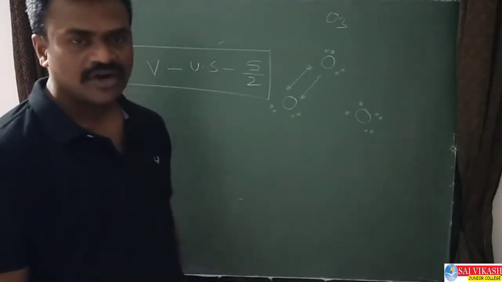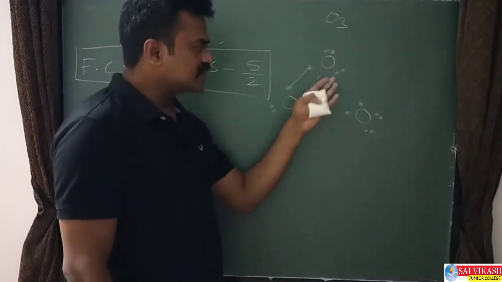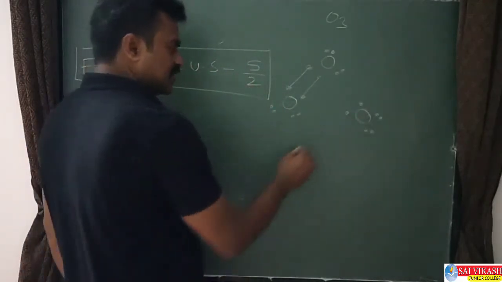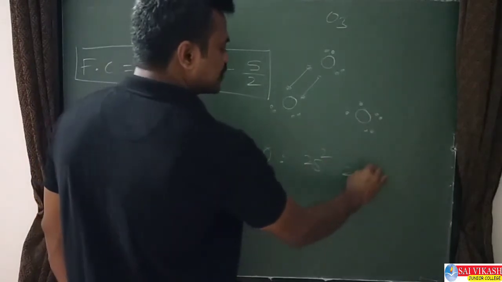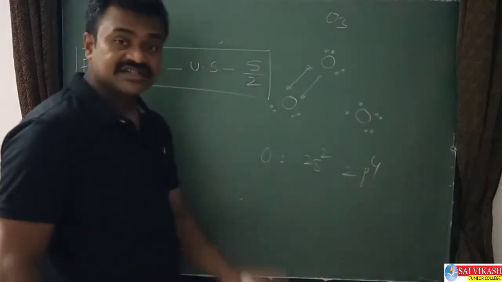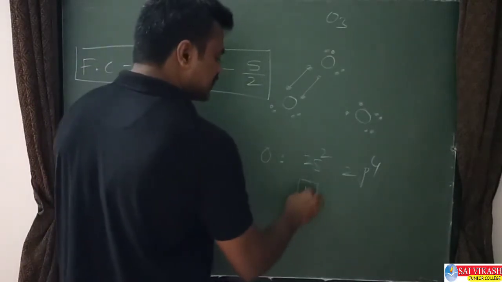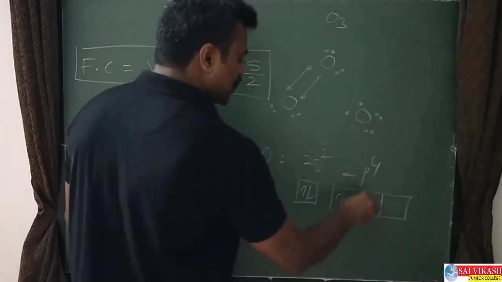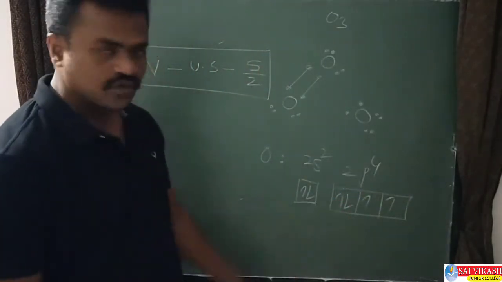How these two are forming bonds is, see, no chance of the lone pair now. That is why, see, for this oxygen atom I am writing the valence configuration 2s2 2p4. 2s2 electrons are coming like this, and 2p4 means 1, 2, 3, 4, like this.